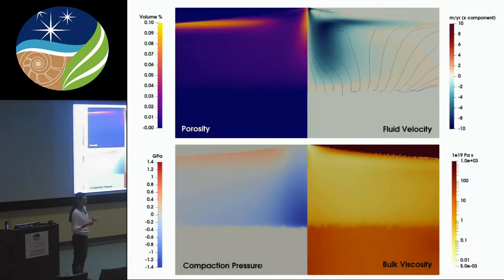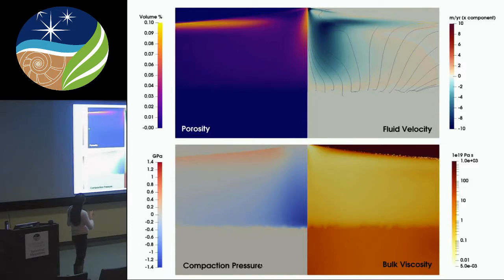So to look at what's going on in the models, you can see from the previous video, this is for a half-spreading rate of 4 centimeters per year. And so you have high melting, high porosity in the middle, and also high porosity on these wings.